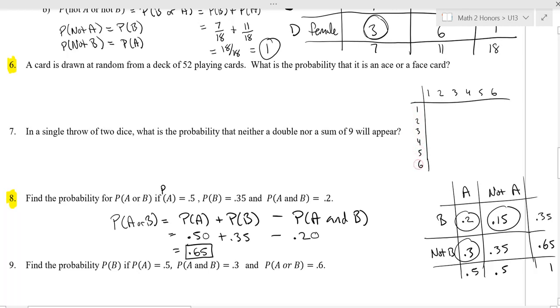So the table itself helps us list out all the sample space, or all the possibilities we can look at. We're talking about sums or doubles. I'm going to put in my table, I'll put sums.